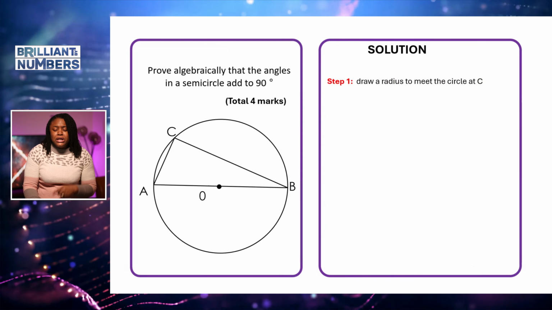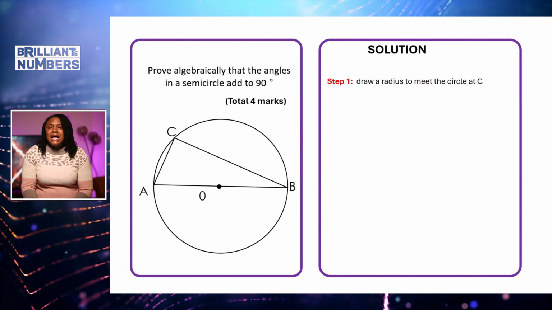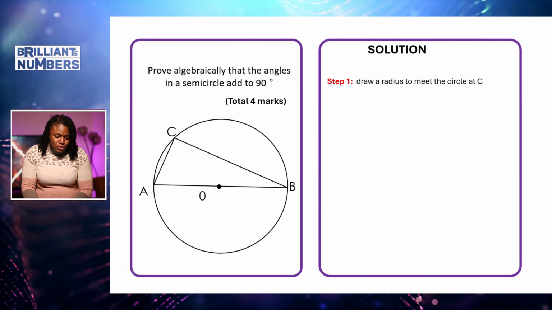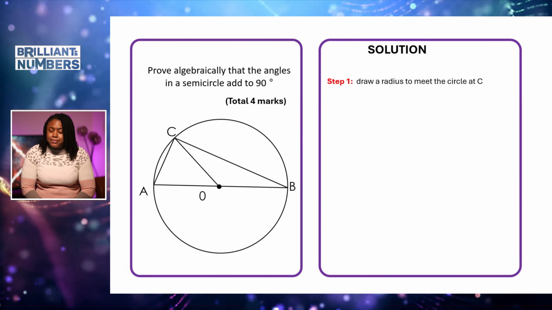So I'm going to go step by step here, nice and smooth, so that you understand clearly what to do. And I suggest you draw this out and work along so you can visualize what we are doing. So step 1, we need to draw a radius to meet the circle at C. So I'm going to put that line in. So that's the first step.